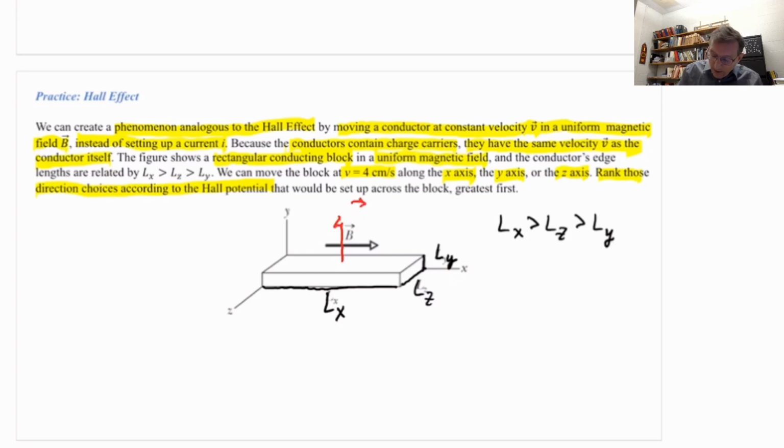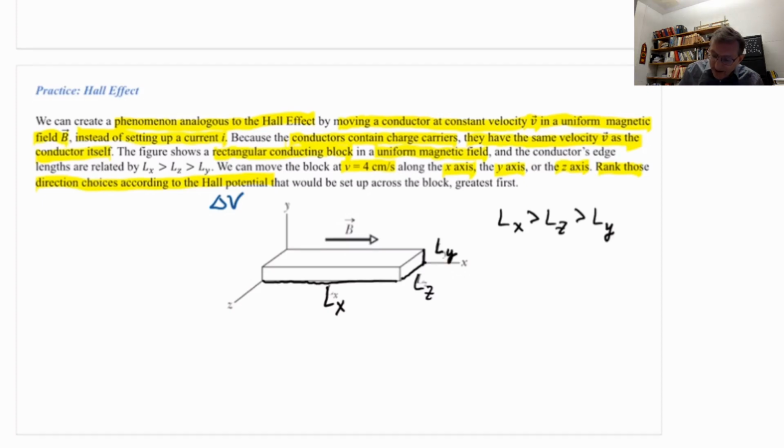Or if I move the block along the z direction, then the v of the block as a whole is along that way. Those are the ways we're going to move the block. And we want to rank the size of the Hall potential, or potential difference, delta V, set up across the block. All right, so this needs to be thought about a bit carefully.